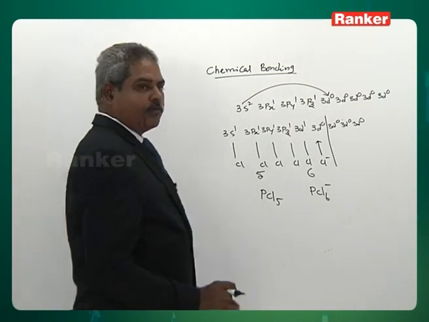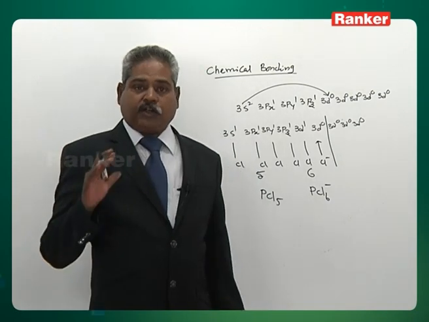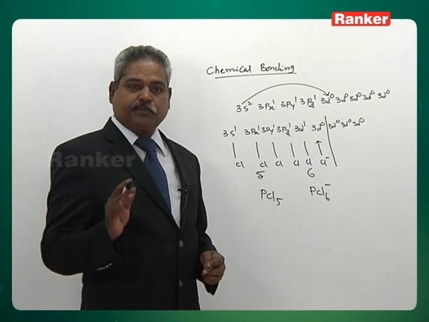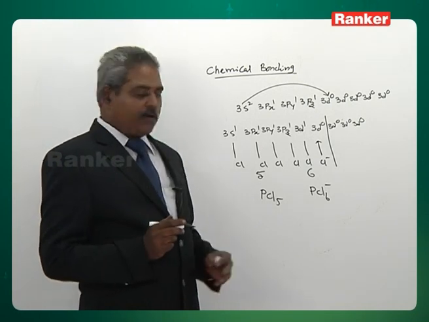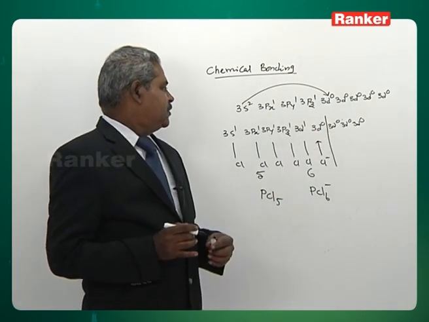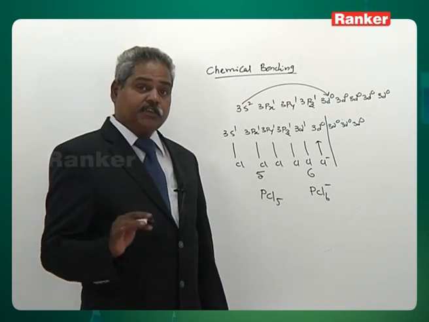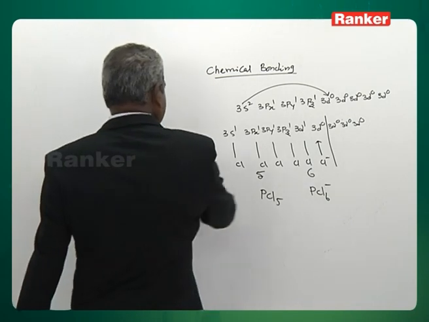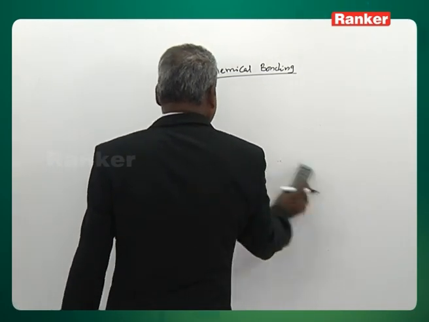Therefore, in many compounds, after forming 6 bonds in octahedral geometry, they stop accepting any more. Why not more than 6? The answer is why even 6? Even 6 is to get that octahedral geometry. So, the maximum covalency of most of the elements is 6.